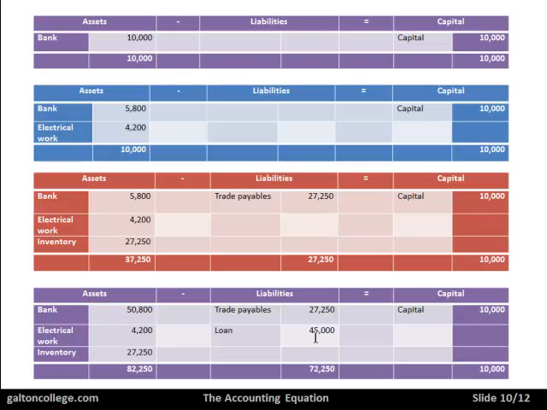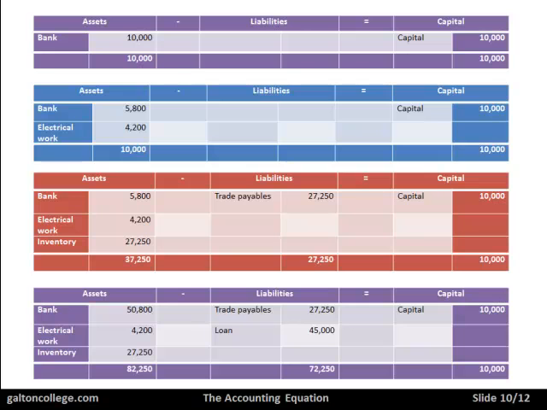But he's got a liability here. So now if you look at the totals, he's got 82,250 in assets, but he owes 72,250. The difference between the two figures, of course, is still his capital. So you can see how assets minus liabilities is equal to capital.